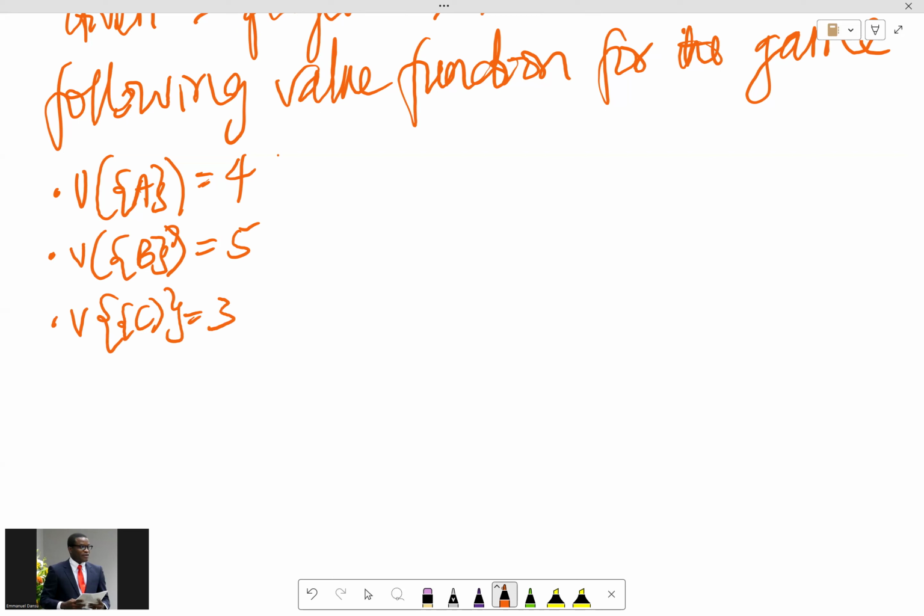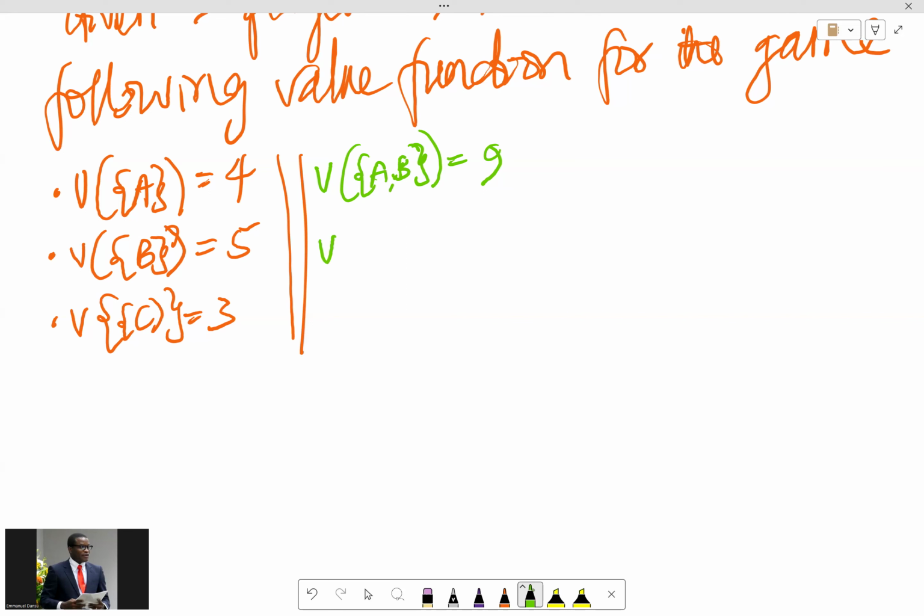Then let's look at them in pairs. The value of the coalition between A and B is 9.